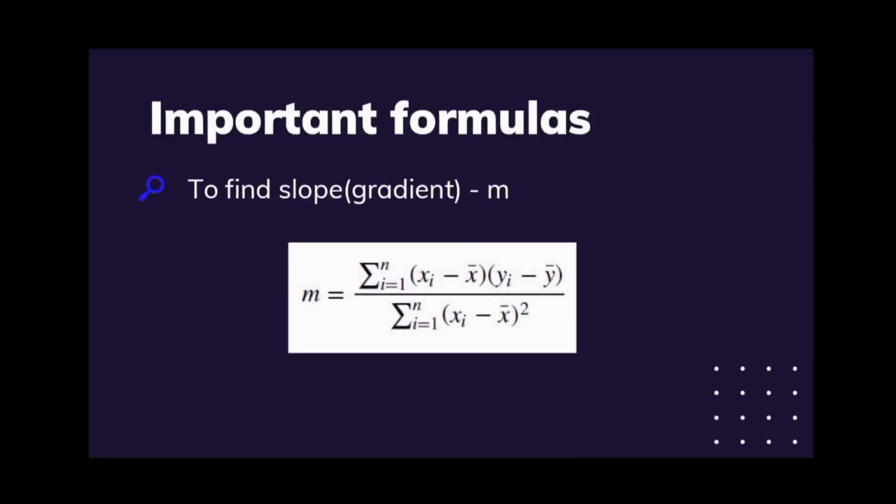Important formulas to solve using the least square method. To find the slope or gradient, m is equal to the summation of i equals 1 to n of (xi minus x bar) times (yi minus y bar), divided by the summation of i equals 1 to n of (xi minus x bar) the whole square.